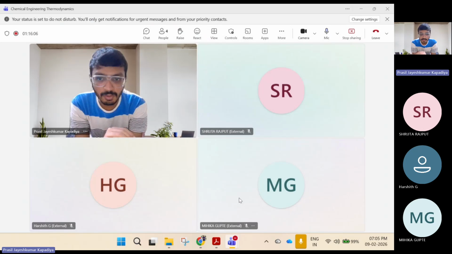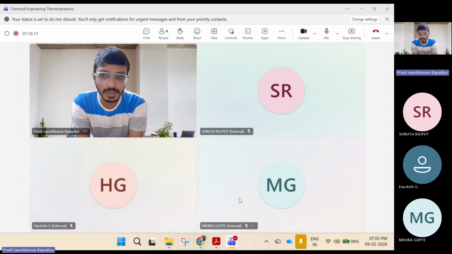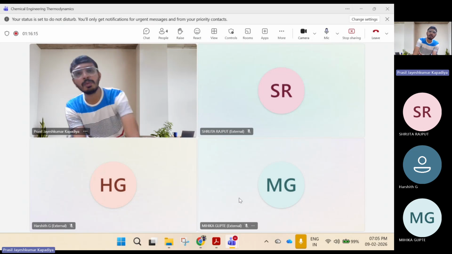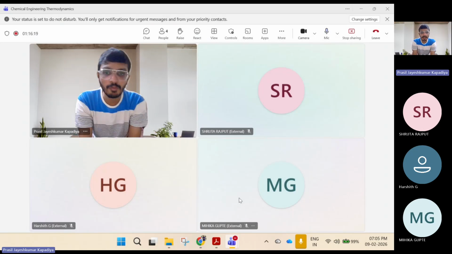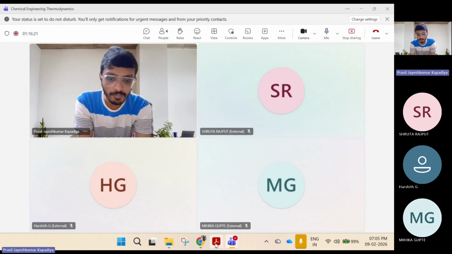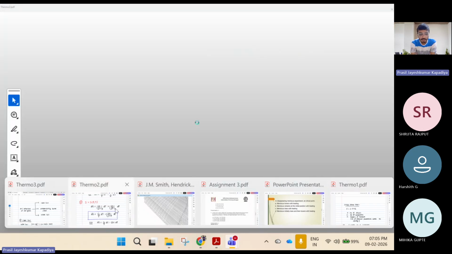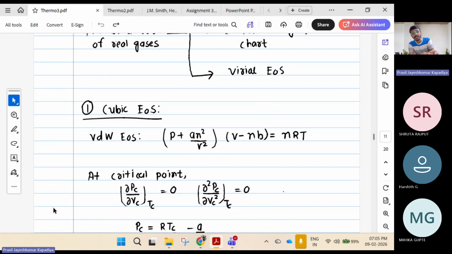So we will have three roots. One root will give me the liquid volume. The other root will give me the vapor volume or vapor density, however you want to say it. The third is the intermediate volume, where volume and pressure both increase, and that doesn't make any sense.